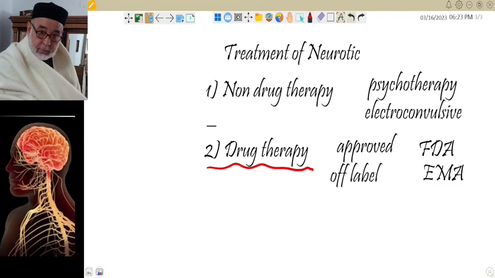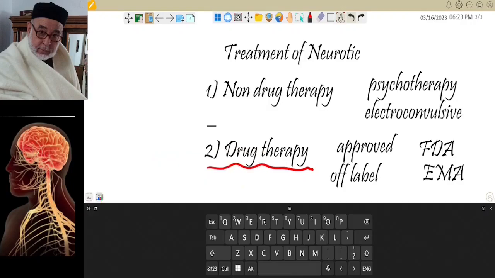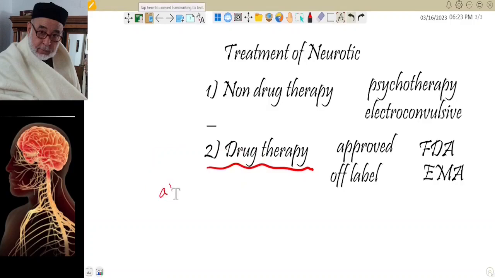The first group we are going to talk about briefly now, and then we will talk about them in details when we come to talk about this group, are the antidepressants. Antidepressants are used for treatment of depression, as we know. So we'll talk about them in details in the future, inshallah. The antidepressants, usually they are reserved to states which are known as neuroticism.